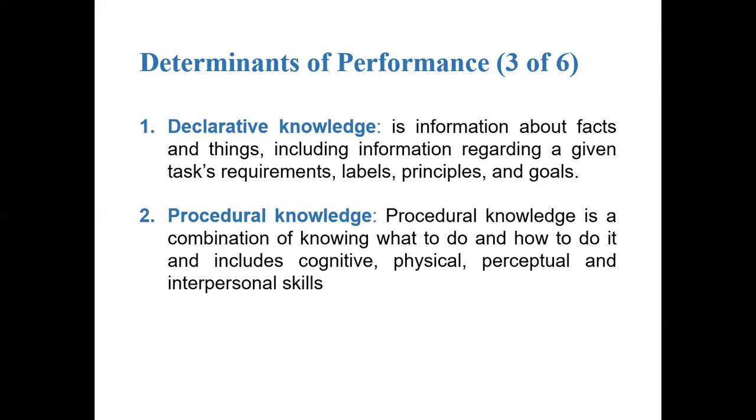So the basic knowledge that the person needs to be able to perform that, they are like the facts. And so those are what we call the declarative knowledge, knowledge of how to do the job, or the principles and the guidelines regarding that particular task.